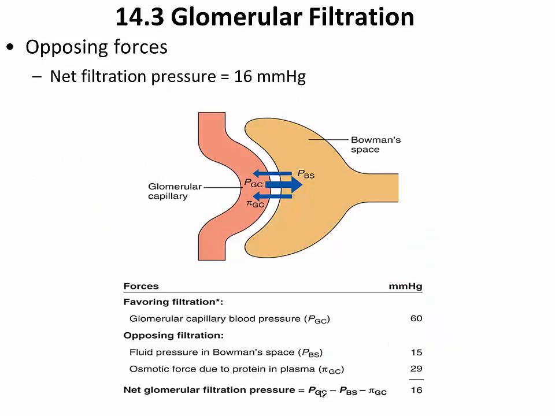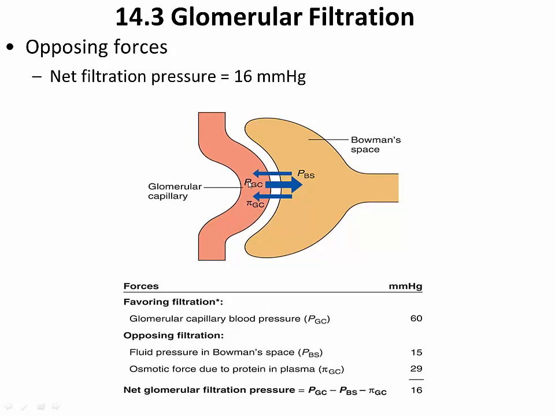We turn our attention now to the forces that bring about this filtration. And these are the Starling forces that we discussed in Chapter 12 in the cardiac system chapter. And let's go over these forces here for just a moment. So there are some forces that favor filtration. In this particular case, the only force that's favoring filtration is the glomerular capillary blood pressure.